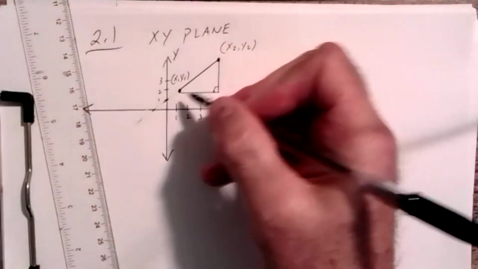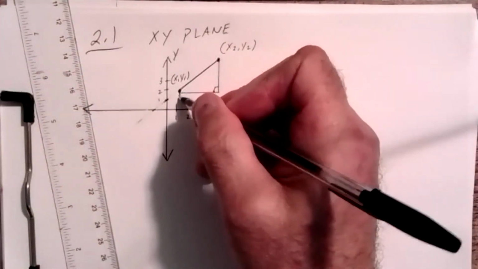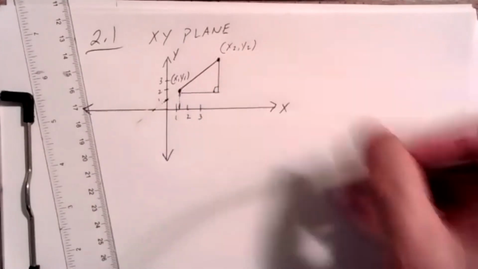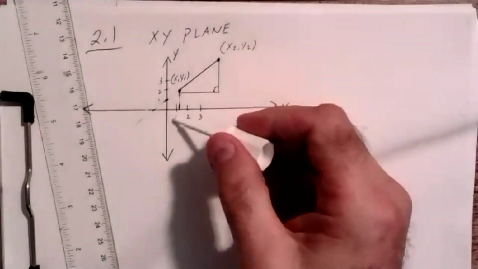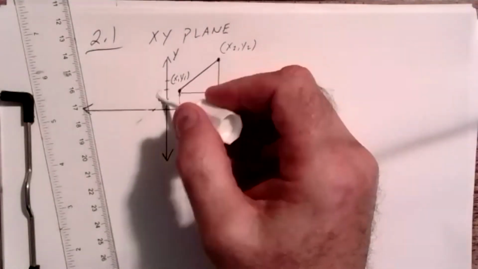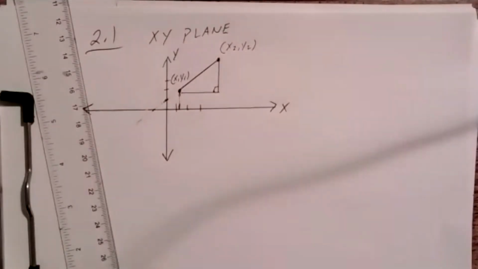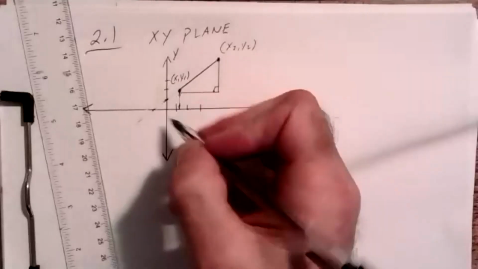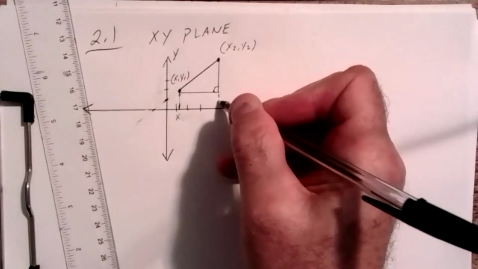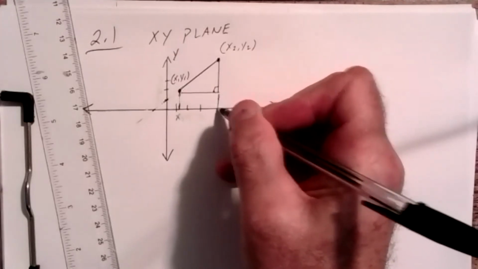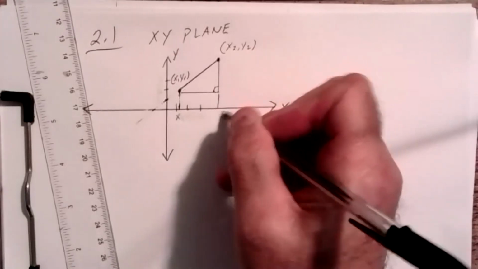All right, and if I project this ordered pair down to the x-axis here, if I project that point vertically down to the x-axis, it would strike the x-axis at the x-coordinate of this point, which is x sub 1. In a similar way, if I project this point vertically down to the x-axis, it would strike the x-axis at x sub 2.